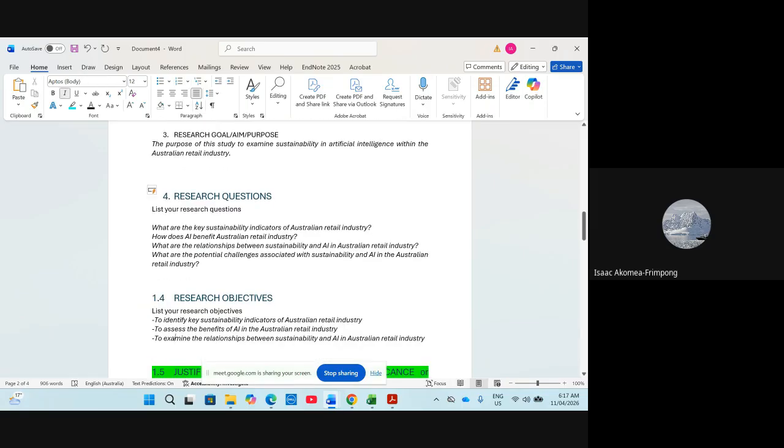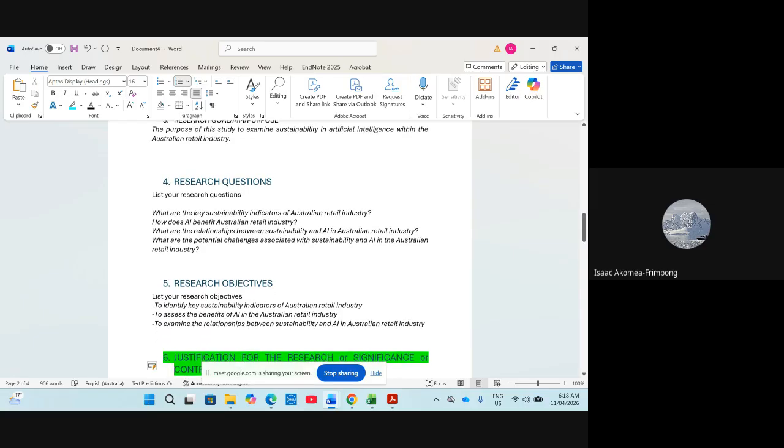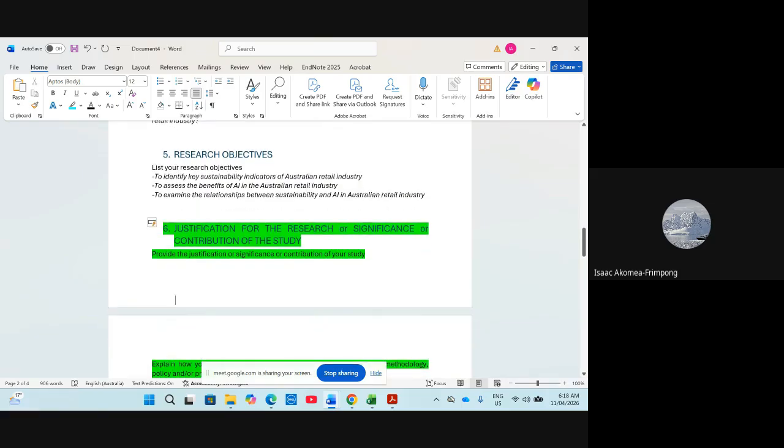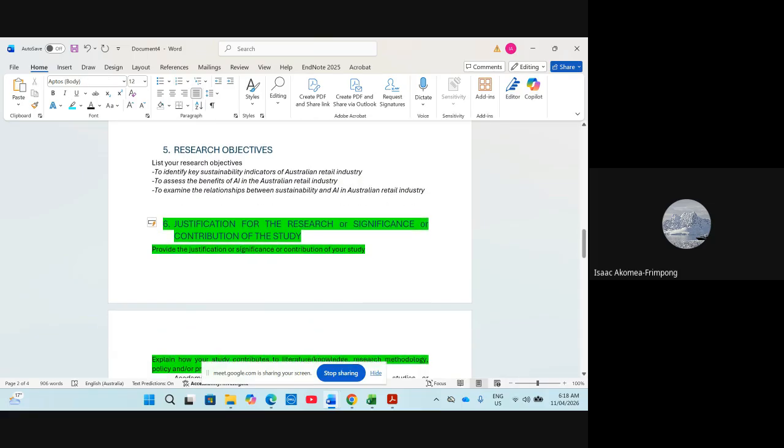It depends on where you are looking at it from. Some write research objectives before questions, and some also write even hypothesis. So I'm just giving you a normal introduction. It may be different from yours, but it's almost the same, similar.